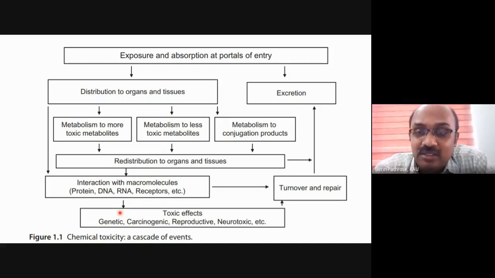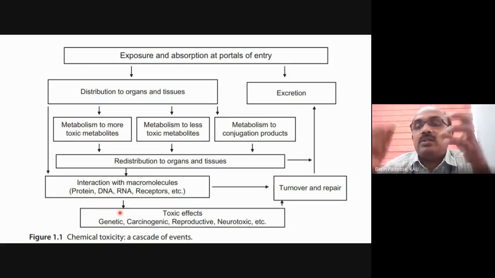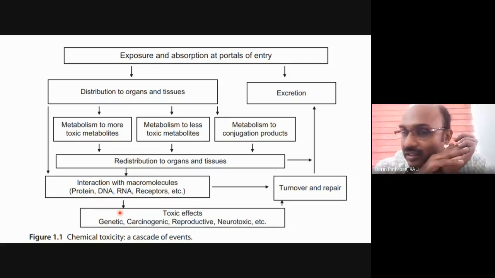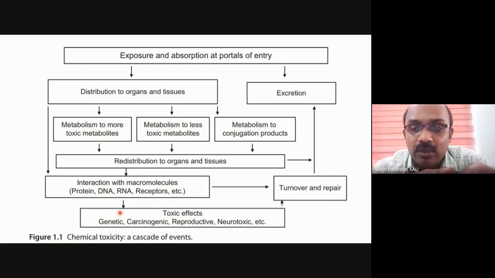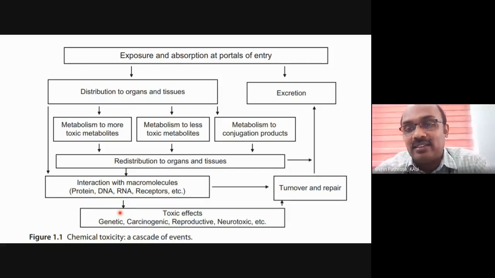And the next one is turnover. The turnover is, say, the acetylcholinesterase enzyme. Acetylcholinesterase enzyme will be inhibited by this OP insecticide. So that means this acetylcholinesterase will not be available for removing acetylcholine from the acetylcholine receptor.